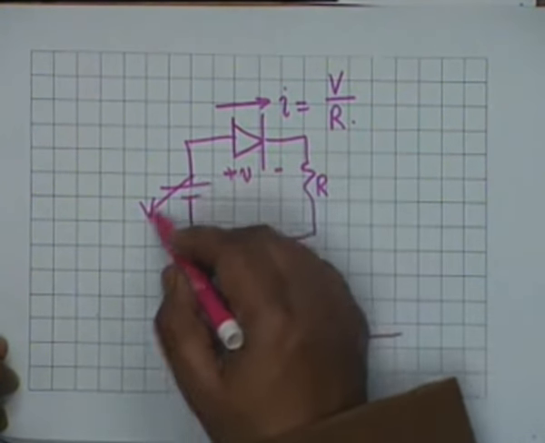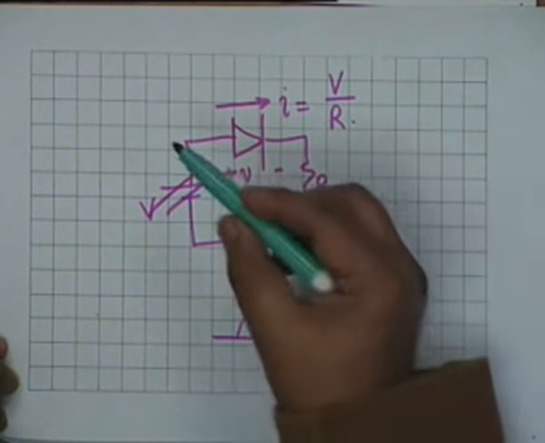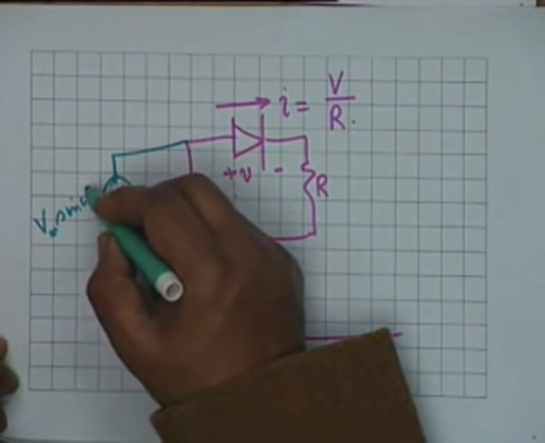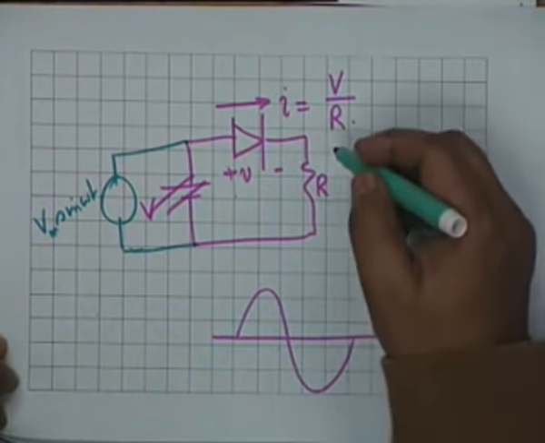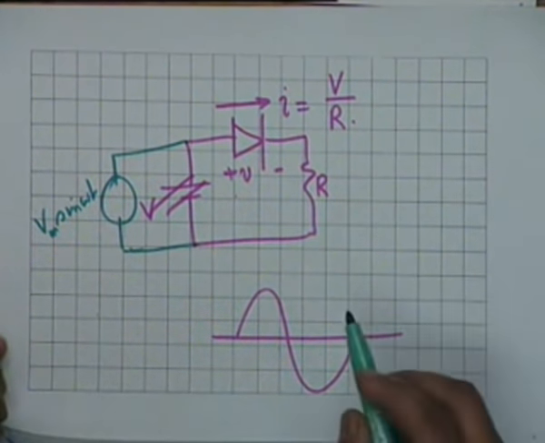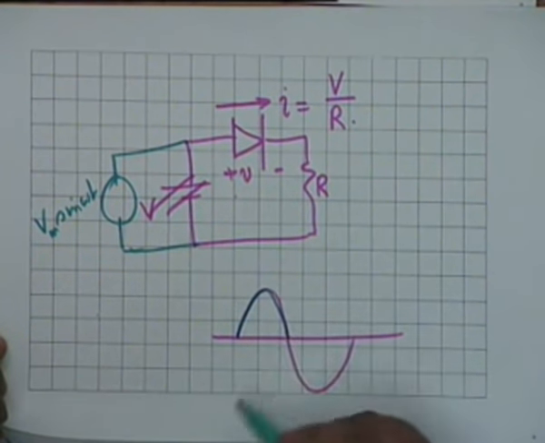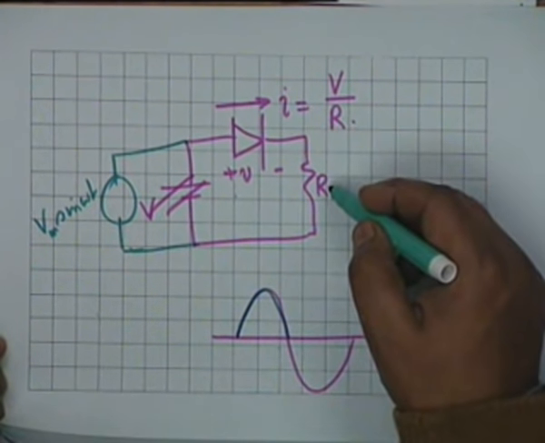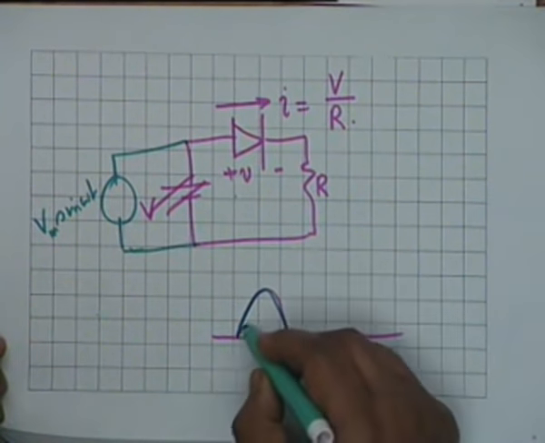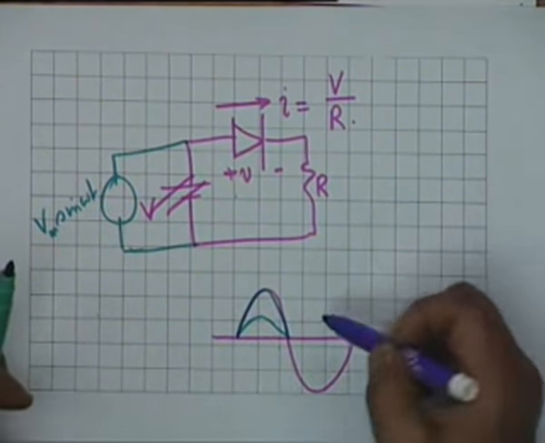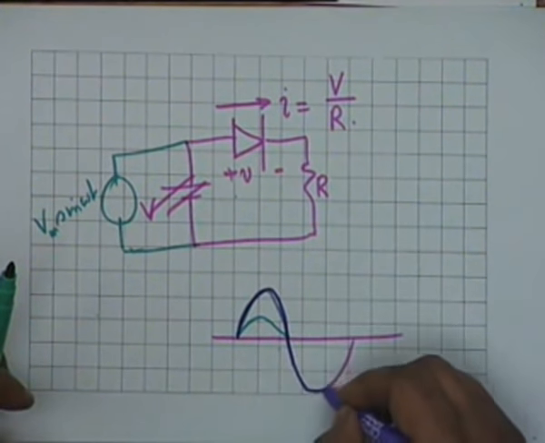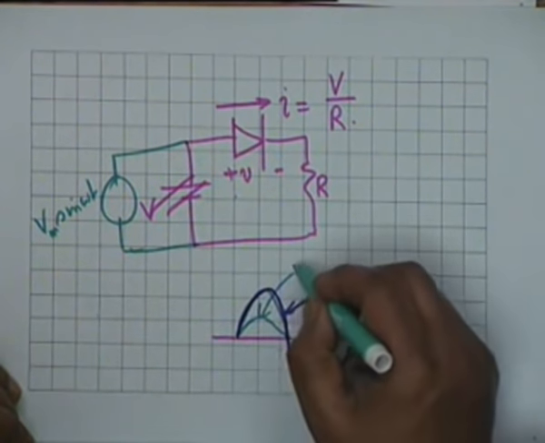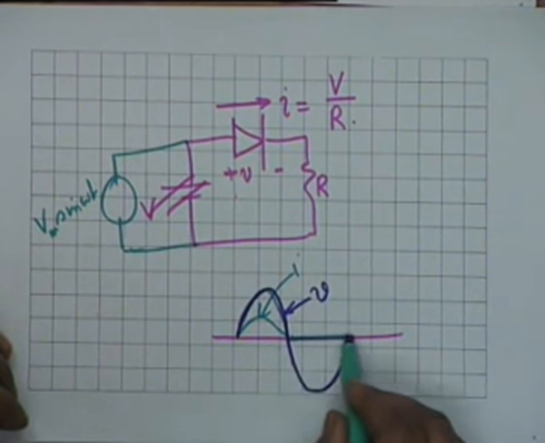If this V is replaced by an alternating voltage, let us say Vm sin omega t, then the current in this circuit shall flow only during the positive half cycle, while the current shall be determined by the external resistor R. If this is V and this is I, then the I during the negative half cycle shall be equal to 0.